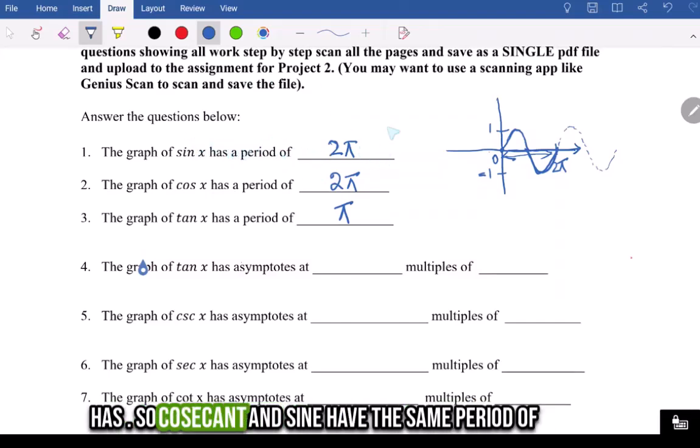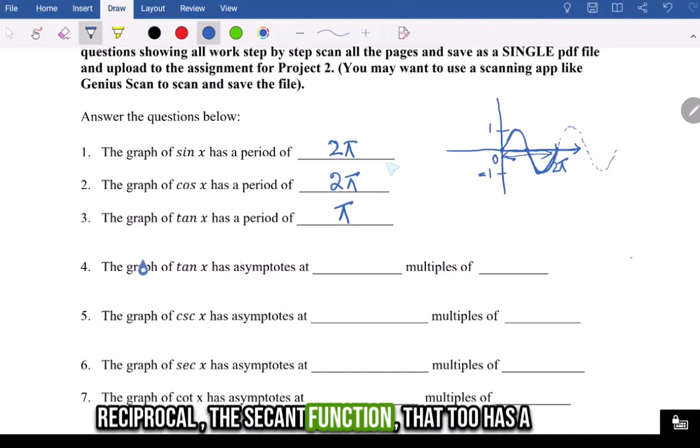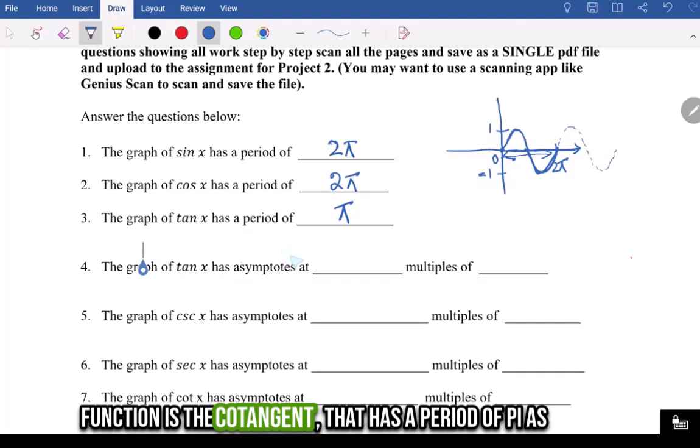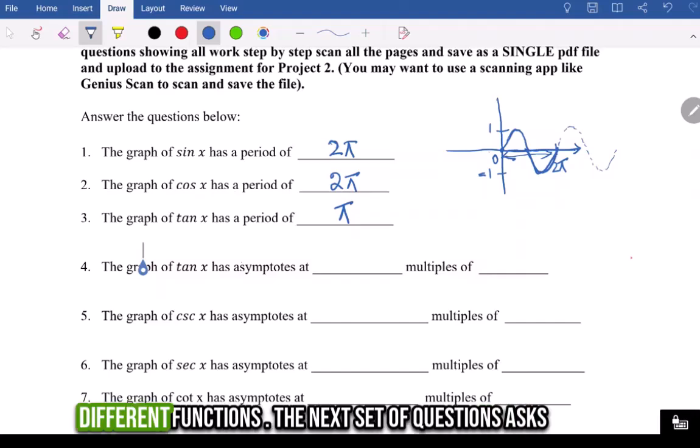So the cosecant and sine have the same period of 2 pi. The same is true for cosine and its reciprocal, the secant function, that too has a period of 2 pi, and the reciprocal of the tangent function is the cotangent, that has a period of pi as well.